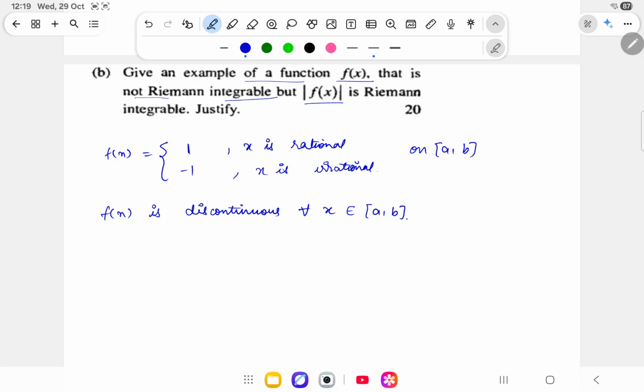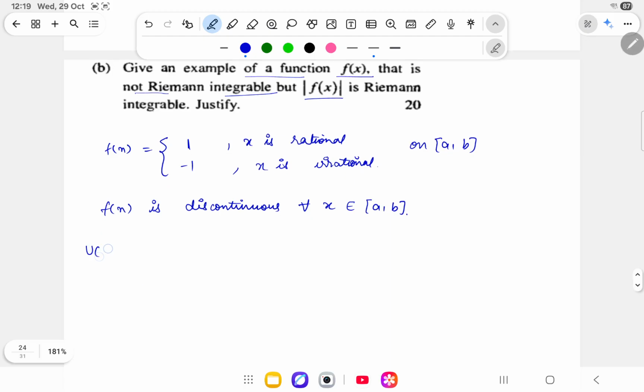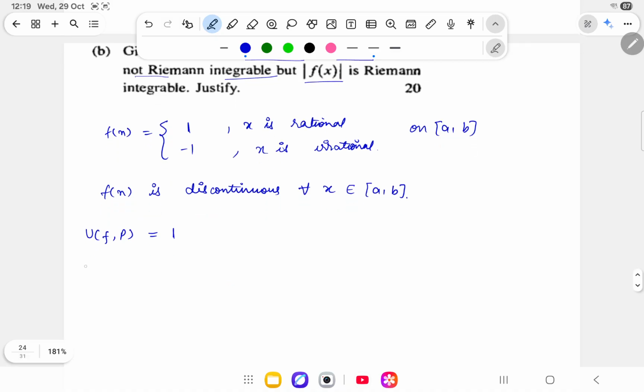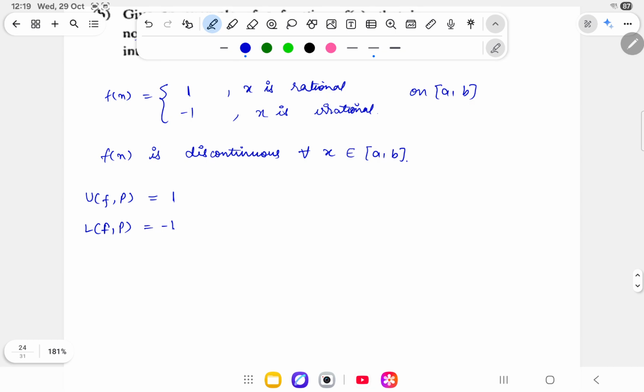You can show that it is not continuous, and then further you can show that it's not Riemann integrable as well, because if you calculate its upper Riemann sum for any partition P, you'll get 1, and if you calculate its lower Riemann sum, that will be minus 1. So no matter what partition you choose or what epsilon you choose, you cannot make the difference of the upper and lower Riemann sums arbitrarily small. So since U P f is not equal to L, f x is not Riemann integrable.